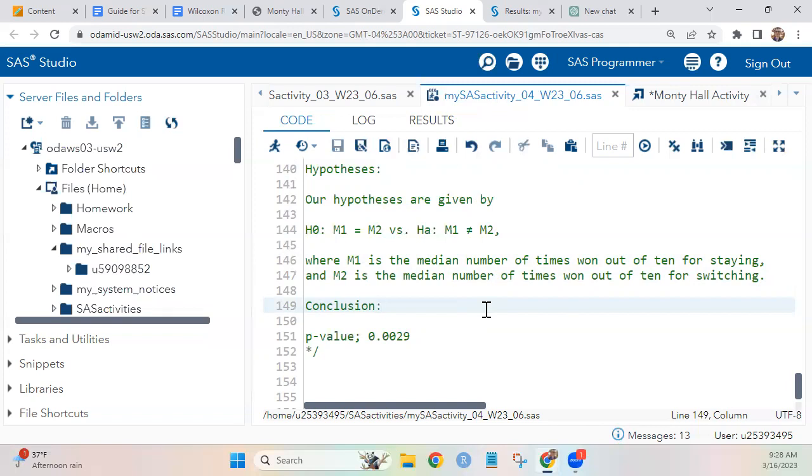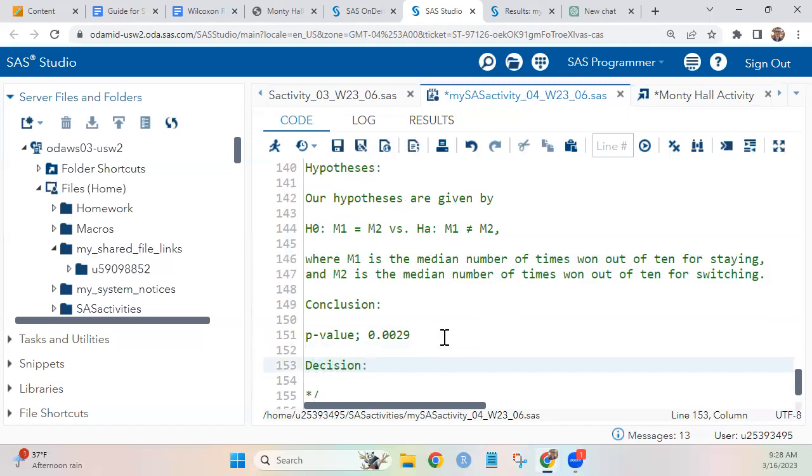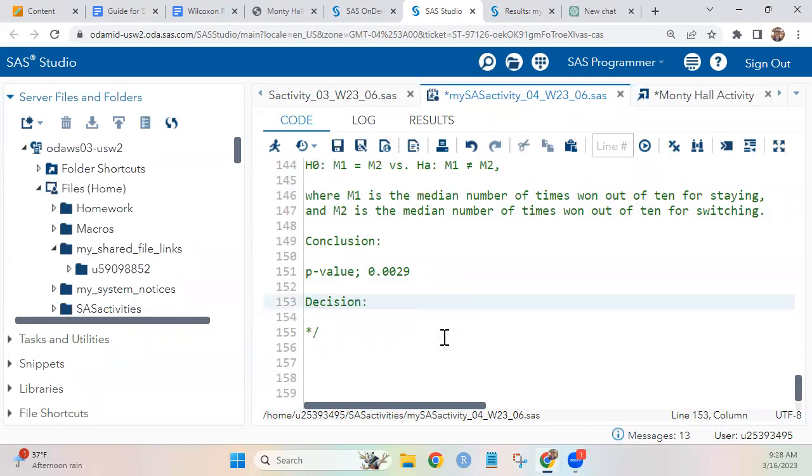Okay, so we have our p-value, and then just like the t-test, ANOVA, and other hypothesis tests and statistics, we make the decision in the same way. So our decision here is to reject H0, right?